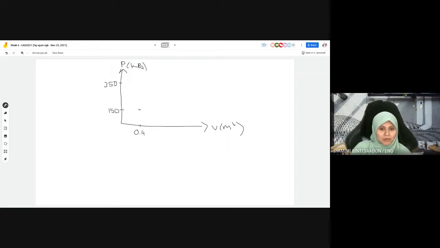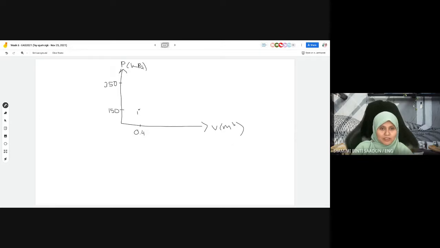Okay, so this is point 1, initial state 1. At this state, the piston is resting on a pair of stops and the enclosed volume is 400 liter. The mass of the piston is such that a 350 kilopascal pressure is required to move it.